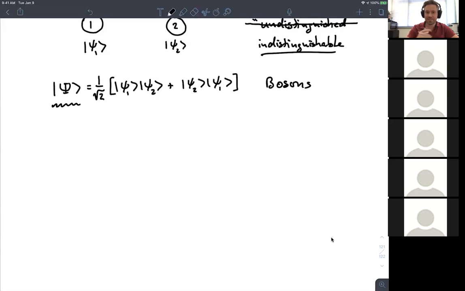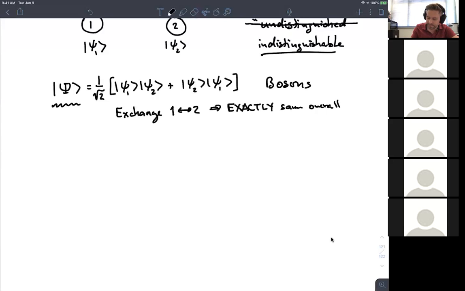You can see that if I take psi1 and psi2 and I switch them around, if I exchange 1 to 2 and vice versa, I will wind up with exactly the same overall quantum state. Now it turns out that fermions are a little bit different.